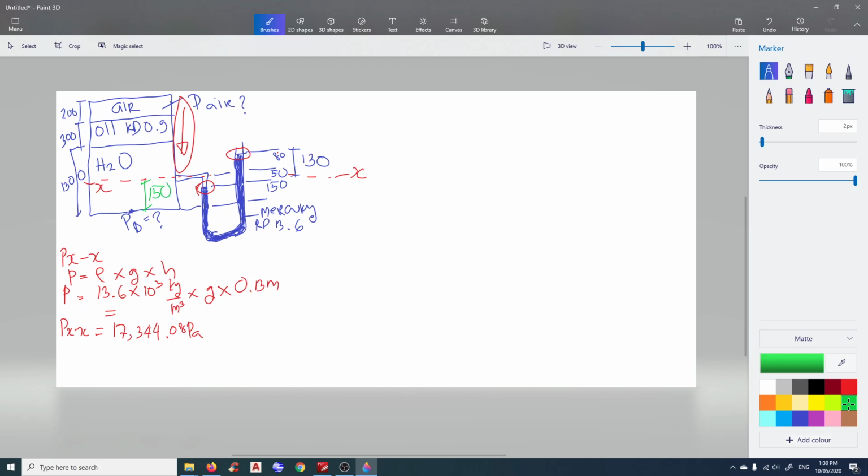Because 150 is from here to here. So that's the remaining item that we need to calculate for that bottom.